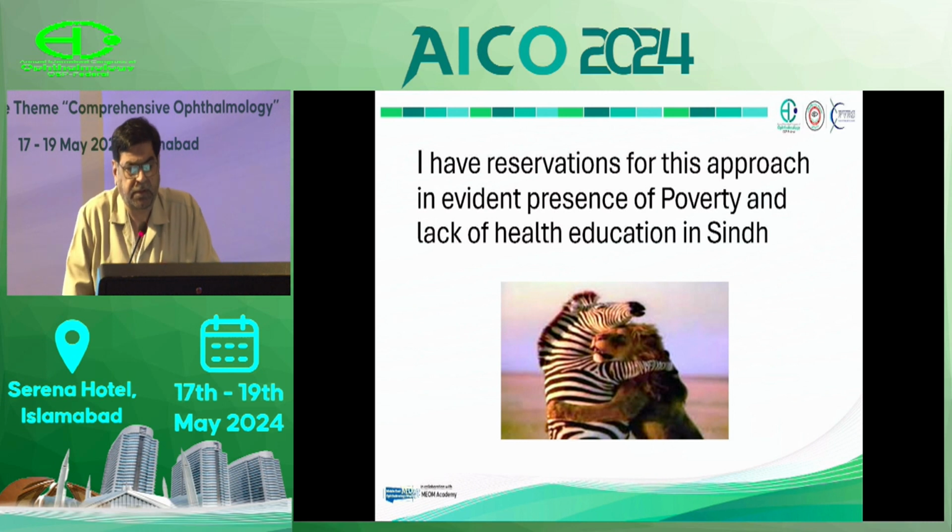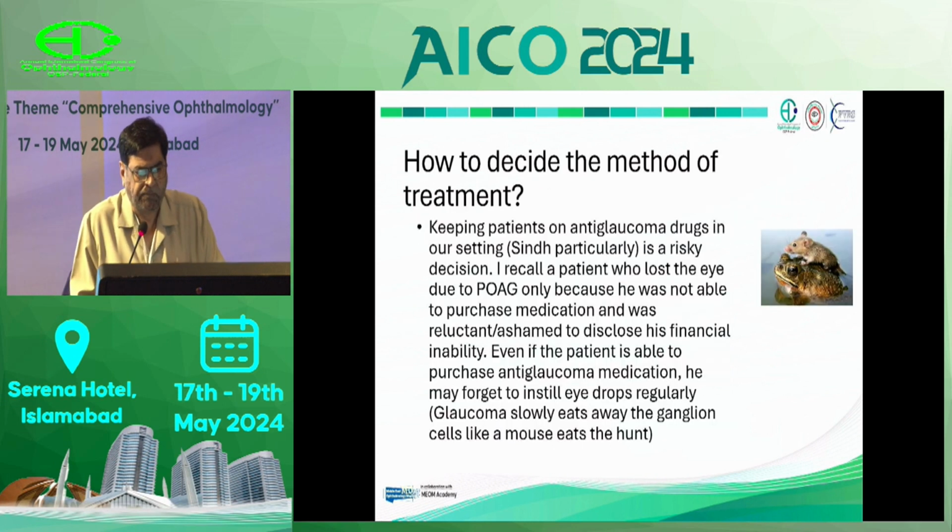In the evident presence of poverty and lack of health education in Sindh, if you look at this picture, the lion represents glaucoma and the zebra represents the eye on anti-glaucoma medication. Keeping patients on anti-glaucoma drugs in Sindh is a risky decision.